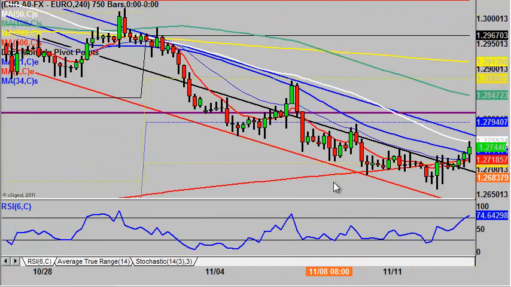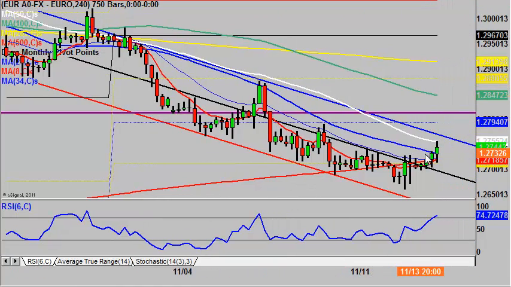If we bring it down to the 4 hourlies, you can see we've just run into that 4 hourly 50 at the moment, which is holding things up a little bit. It has been into it before, so it's not the first touch of this level, although first touch for a while, so it's obviously having some effect. There is also some other resistance sitting just above here, which it has sort of air kissed.